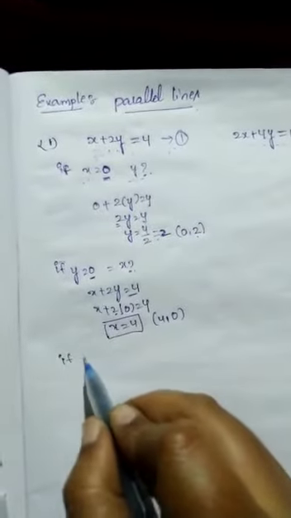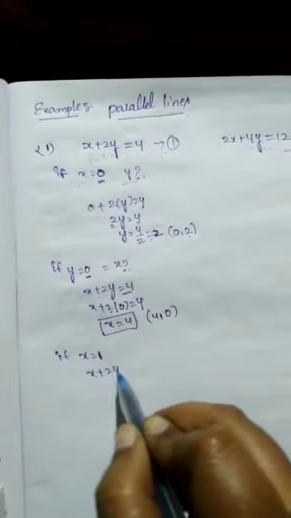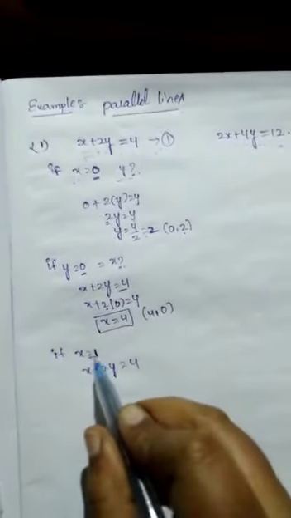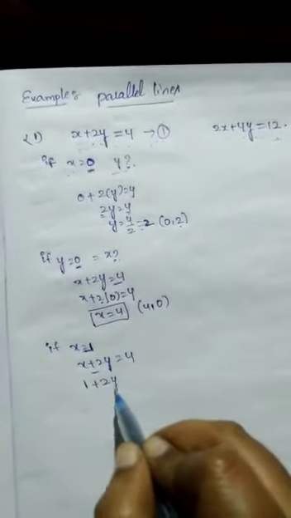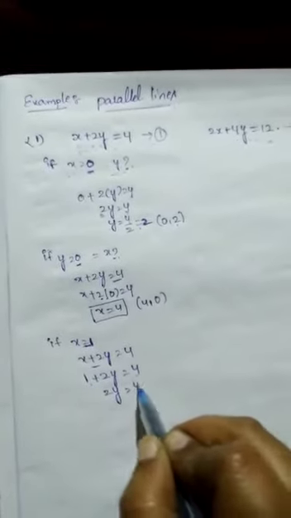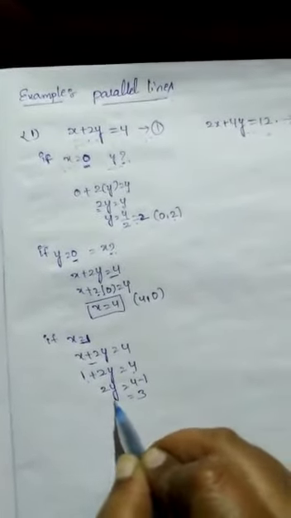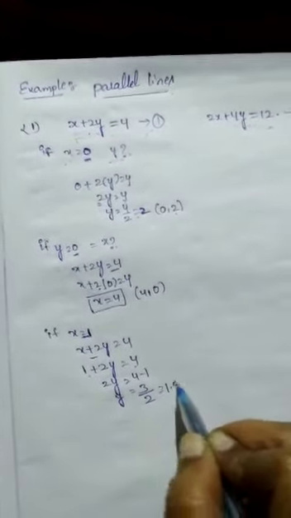If x equal to 1, put the x value in equation 1: 1 plus 2y equal to 4, 2y equal to 4 minus 1, which is 3, y equal to 3 by 2, which is equal to 1.5.